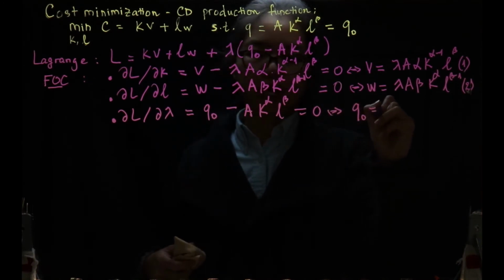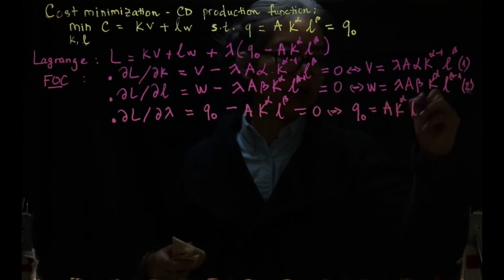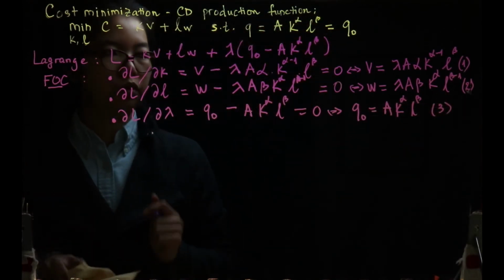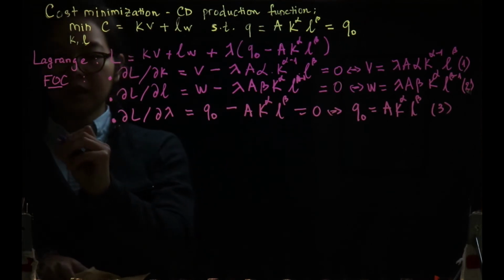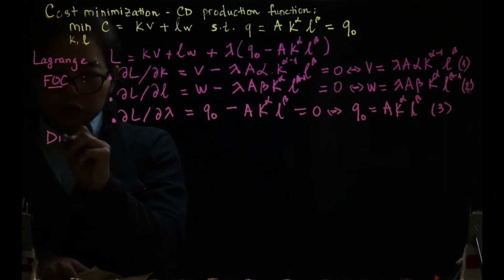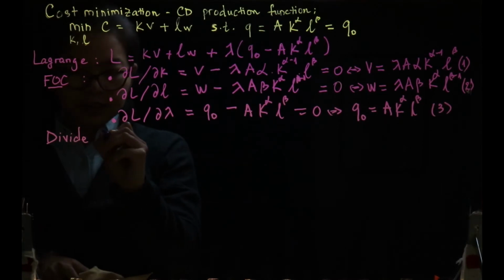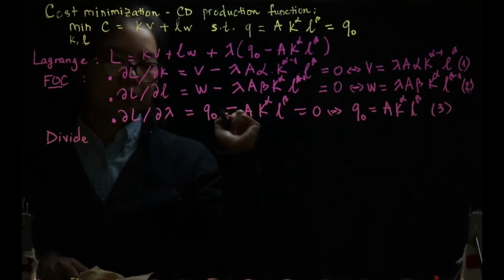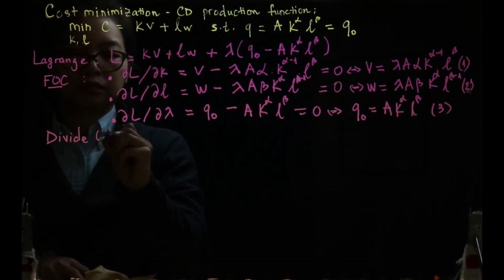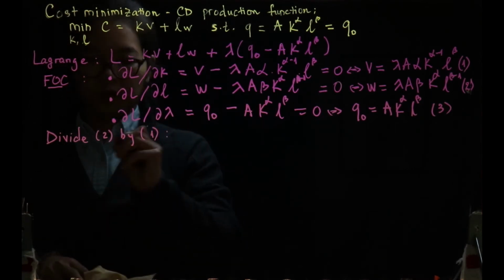That means Q0 equals A times K alpha times L beta. And this is the third equation within the first order condition. Now I'm sure you remember, or you have an impression, what to do next. We divide 1 by 2. But here I want to divide 2 by 1. Why? We will see it later.